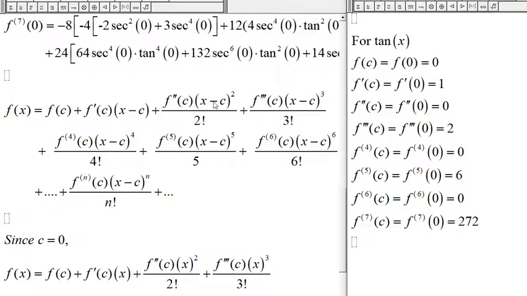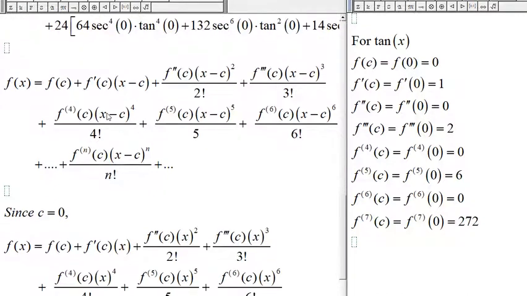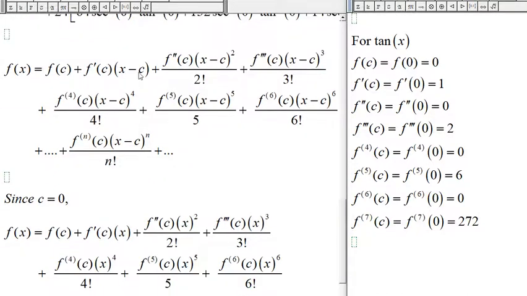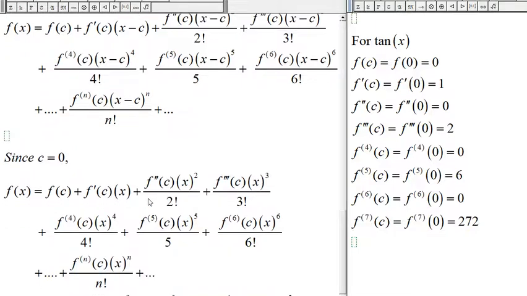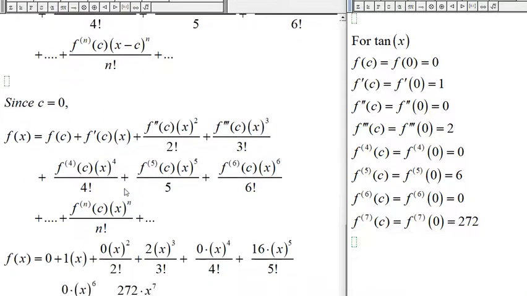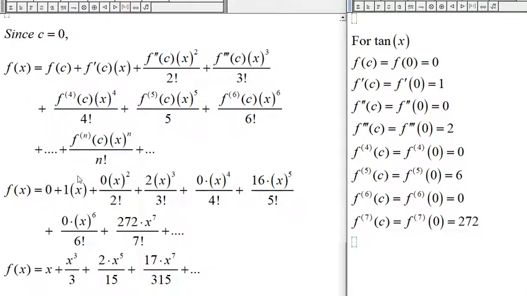And so once again, this is the Taylor series expansion formula. Since c is 0, then x minus c would be just x, so we just drop the c here. And then f of c is 0. F prime of c is 1.